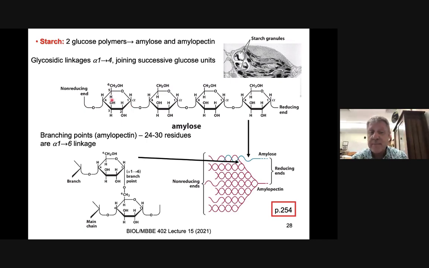This is where we might see branching occur. So here we have a long chain of 1,4s, but we might also see a branch point along these 1,4 constituents.